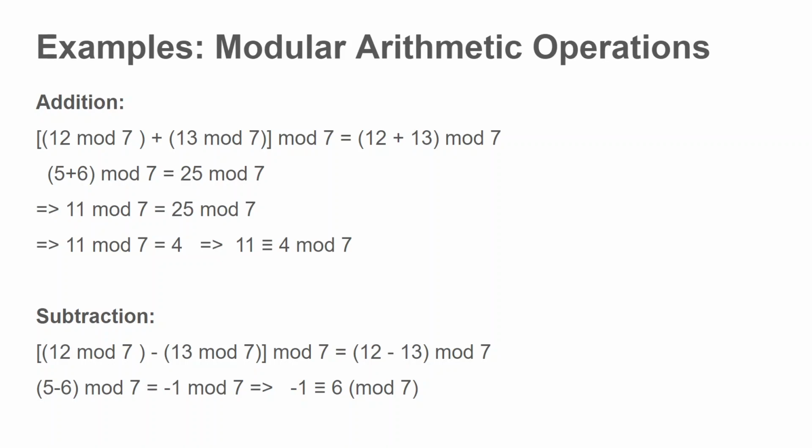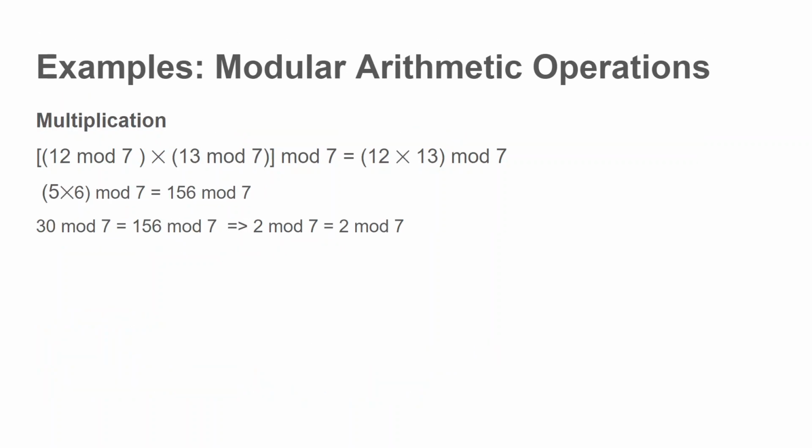That is, (5 minus 6) mod 7 is equal to -1 mod 7. Then the multiplication operation, (12 mod 7 times 13 mod 7) mod 7 is equal to (12 times 13) mod 7. That is, (5 times 6) mod 7 is equal to 156 mod 7.